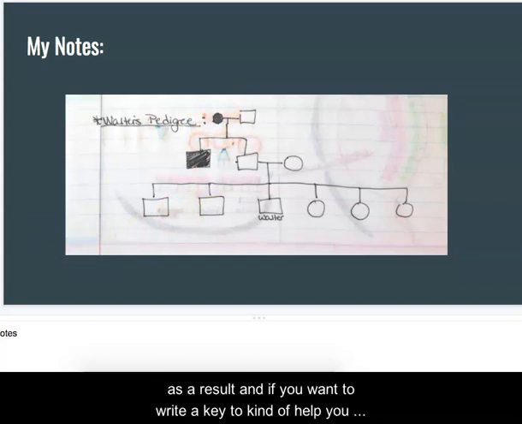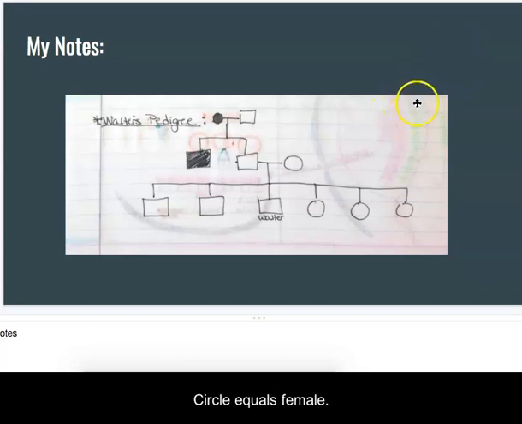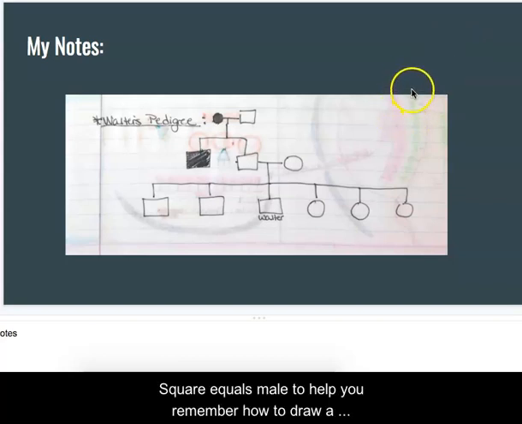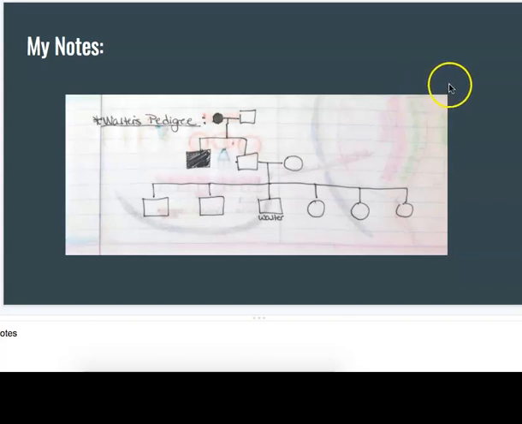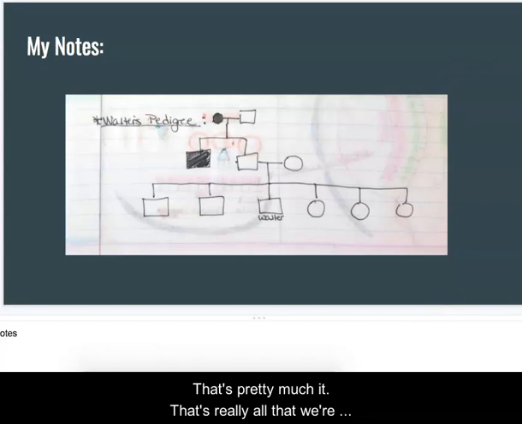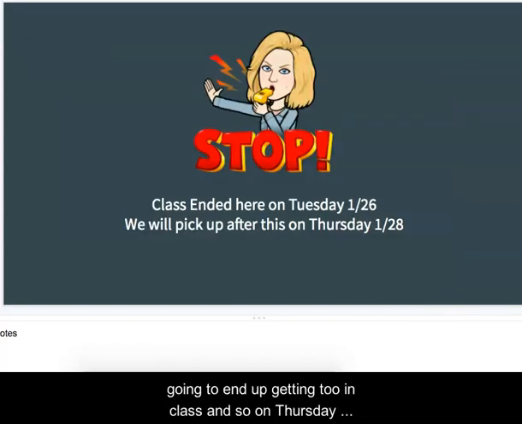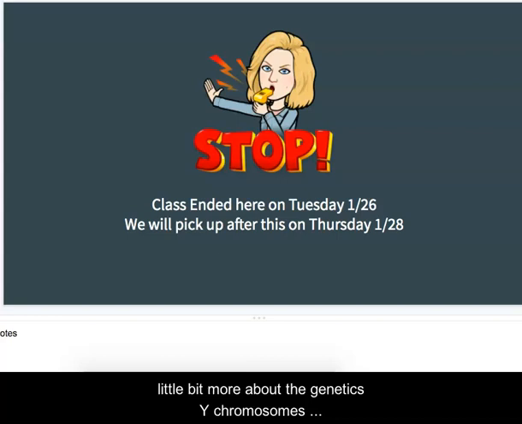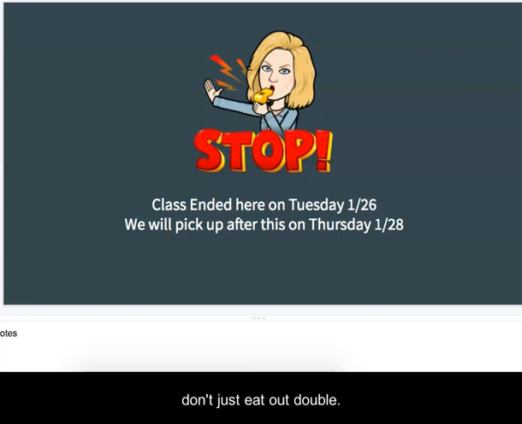If you want to write a key to help you, circle equals female, square equals male, to help you remember how to draw a pedigree, please do so. All right. And that's pretty much it. That's really all that we're going to get to in class. On Thursday, we're going to jump into understanding a little more about the genetics, why chromosomes don't just double every time a kid is had.